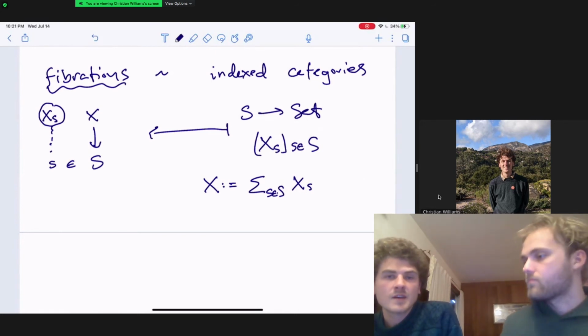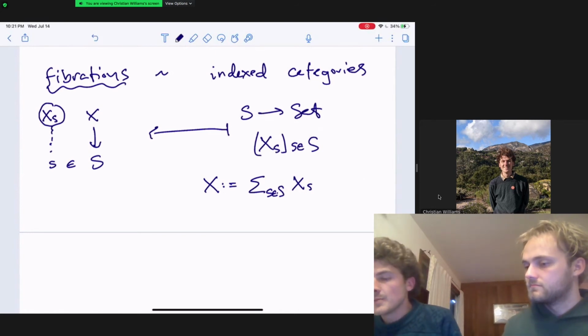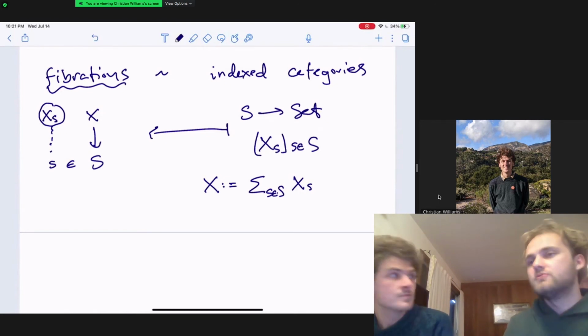So you just look at that fiber and ask, is that a set or is that a poset?